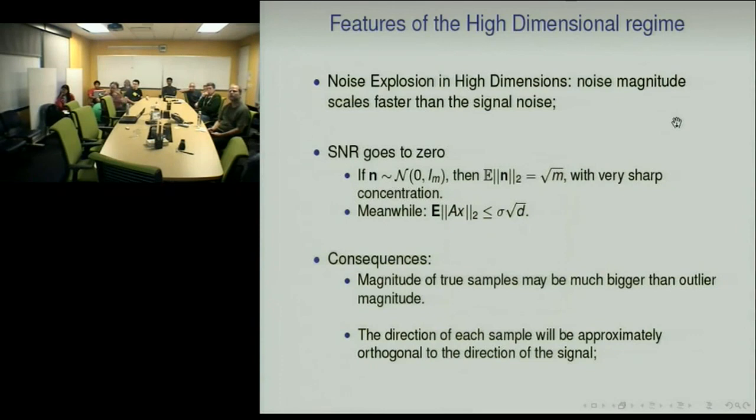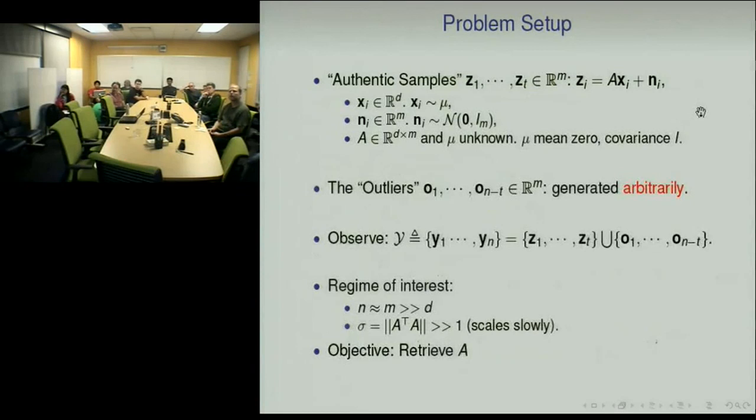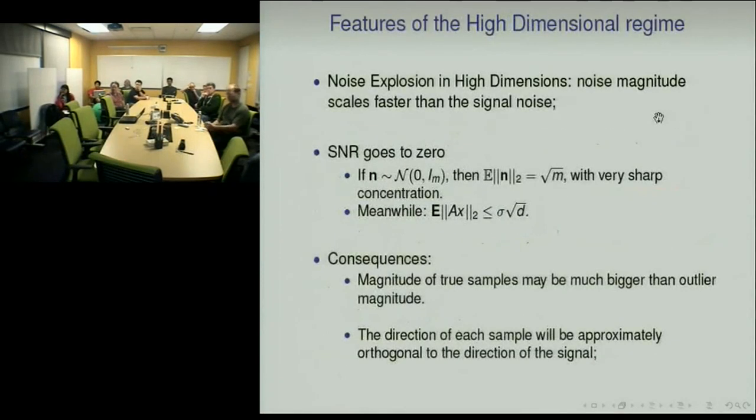On the other hand, the signal: if you look at the norm of AX, then it's something like sigma. Sigma is, just to remind you, the norm of A transpose A, times the square root of the dimension. So this scales with m, in square root. This scales much slower.